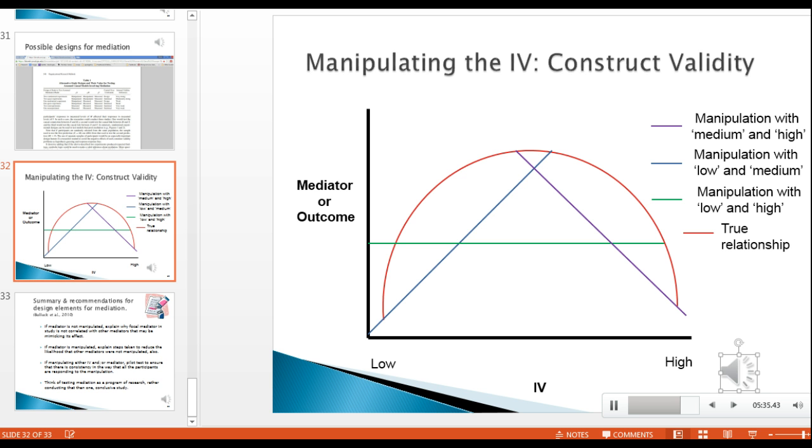This matters because one of my students for his dissertation was looking at a manipulation. He wanted to manipulate job autonomy. So he asked participants to imagine themselves in a job that gives you lots of decision latitude versus no decision latitude. There's some evidence in the literature now that that relationship is curvilinear, like this red line is, such that if we have low autonomy or decision-making latitude, we won't be very happy in the job, but neither will we be happy at very high levels, because that will be stressful.